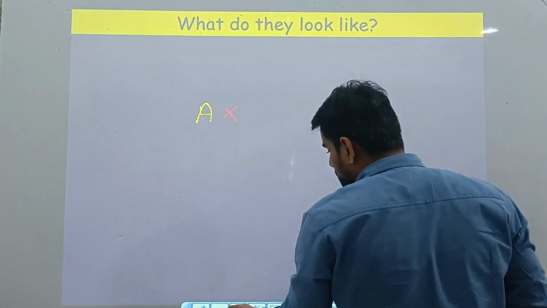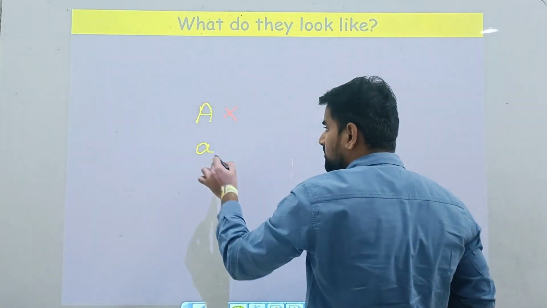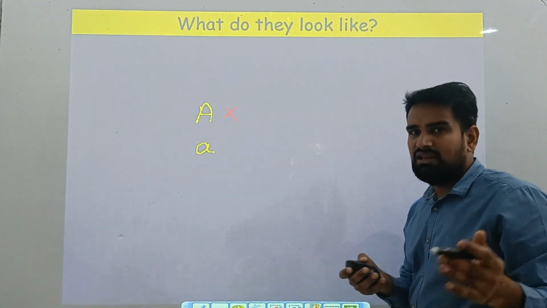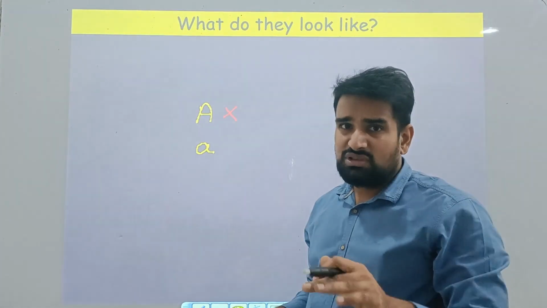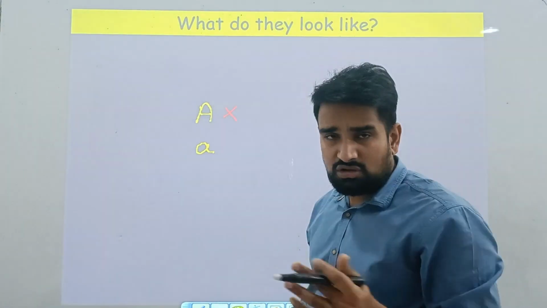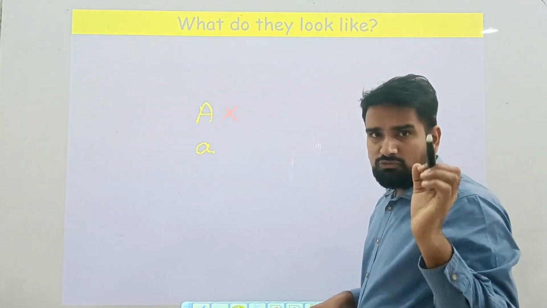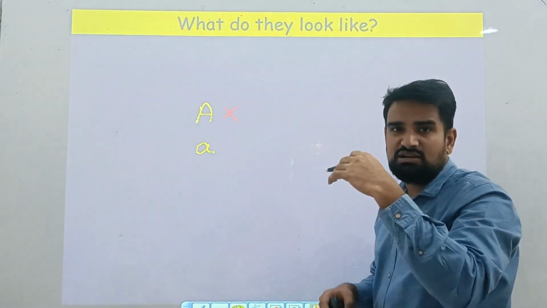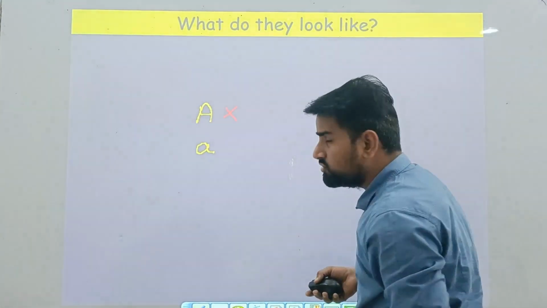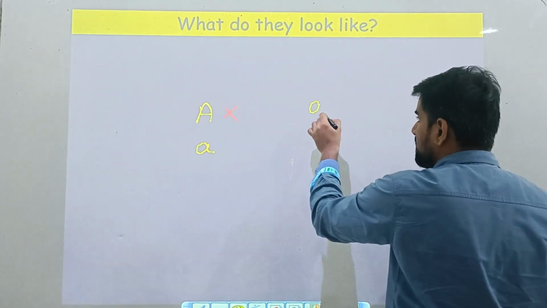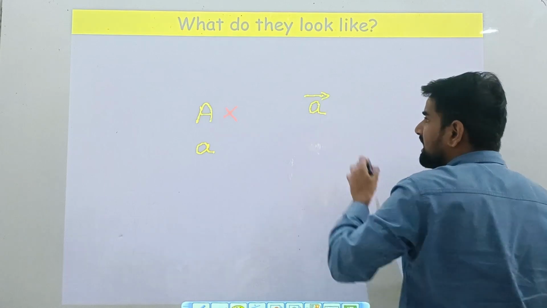After some time they thought they would represent a vector quantity by a small letter, but small letters also come up in any sentence multiple times, so that also failed. Later they came to the conclusion that we can represent a vector by any capital or small letter, but simply put an arrow on it. If I write an A and want to represent it as a vector, I just need to put an arrow on it.